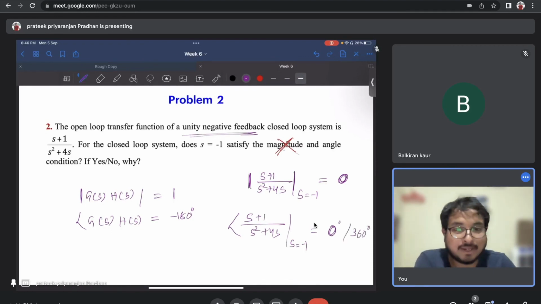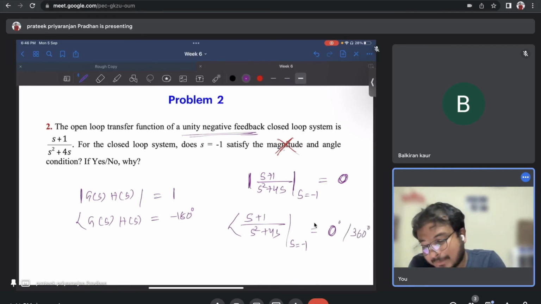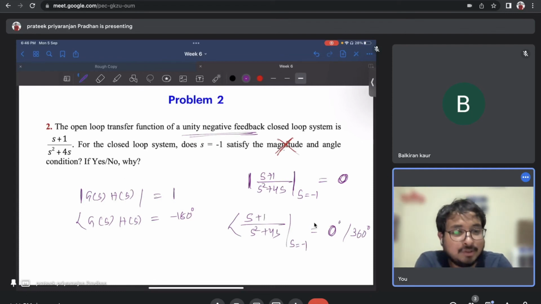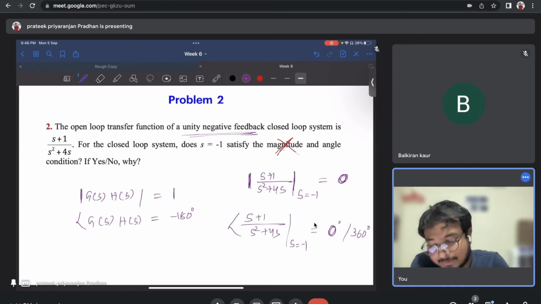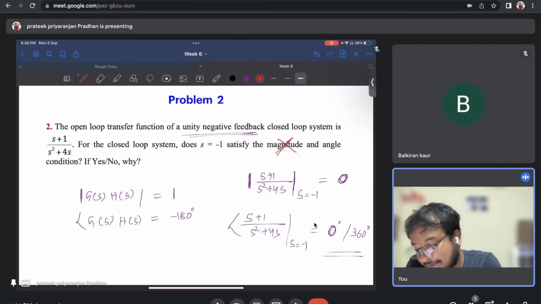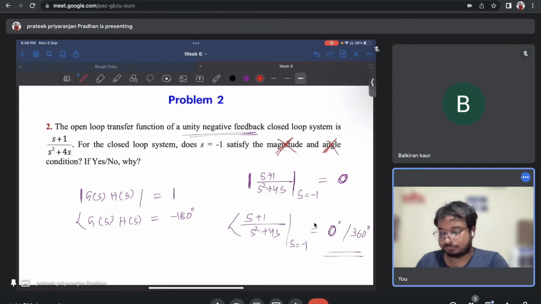You can verify this because the numerator will be 0, and the denominator will also be 0. No, the numerator will be a constant value. So that means the angle condition is also not being satisfied. Is it clear?